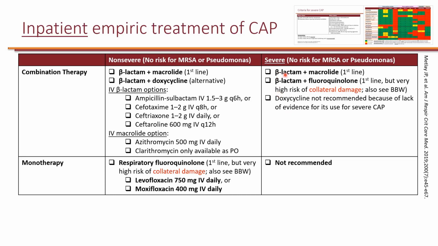So we use a combination of beta-lactam plus macrolide or beta-lactam plus a fluoroquinolone, and both of them are considered first line. And of course, the preference will be beta-lactam plus macrolide because of the collateral damage of fluoroquinolone. Now, doxycycline is not listed for severe, again, because of the lack of evidence with doxycycline, and we don't really want to take a chance with severe because of the increased risk of mortality.